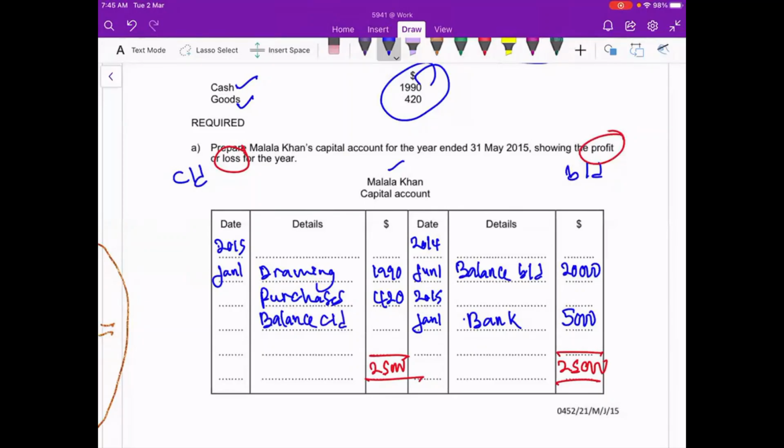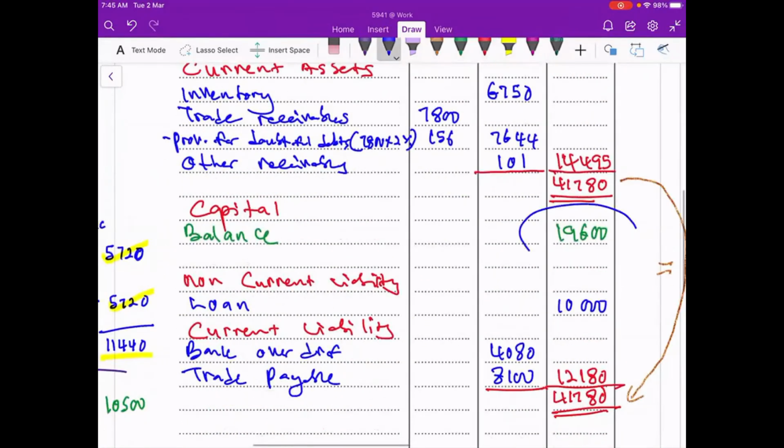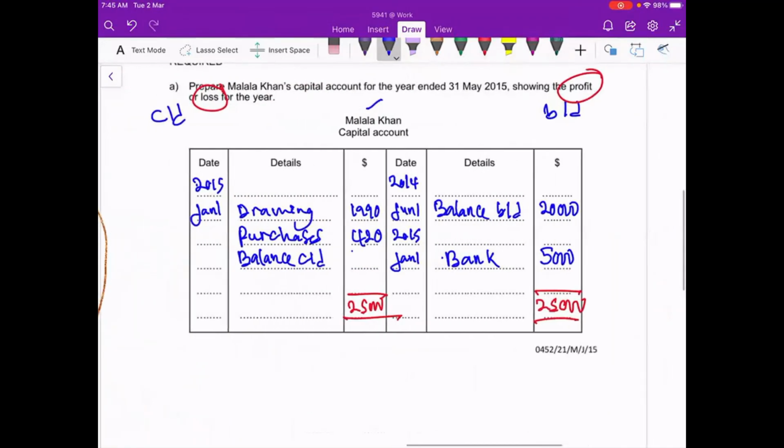Yes, the balance CD we take from answer A. This is the balance CD for capital, 19,600. So I write in 19,600 first before I balance up. So 25,000 minus drawing, minus purchases, minus balance CD, I get 2,990. That's my loss for the year.